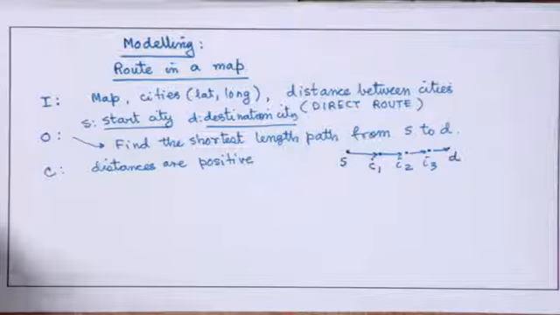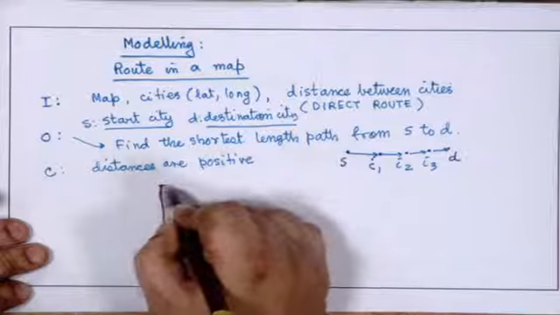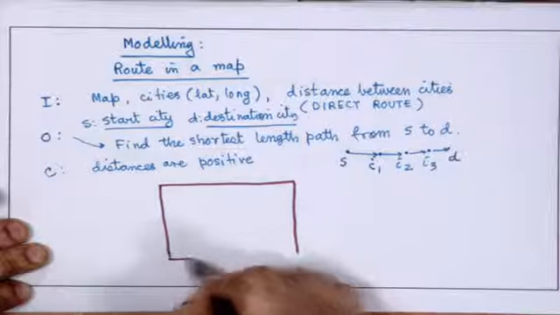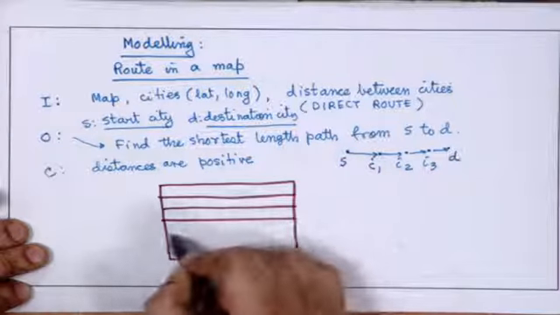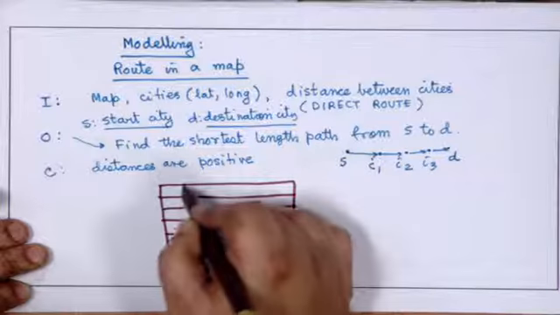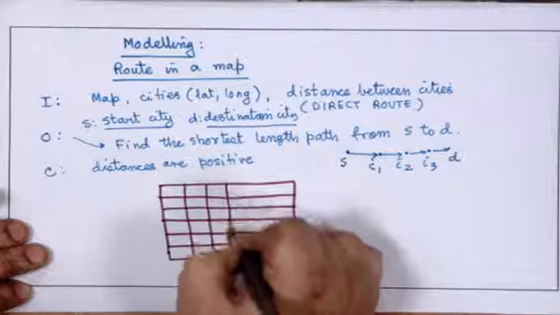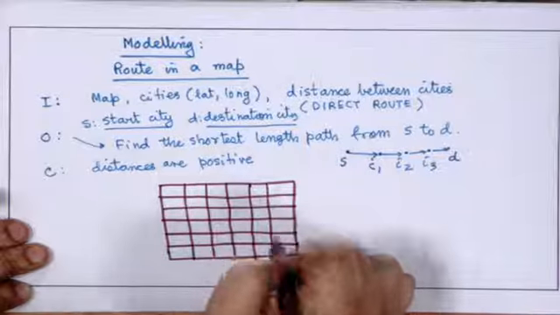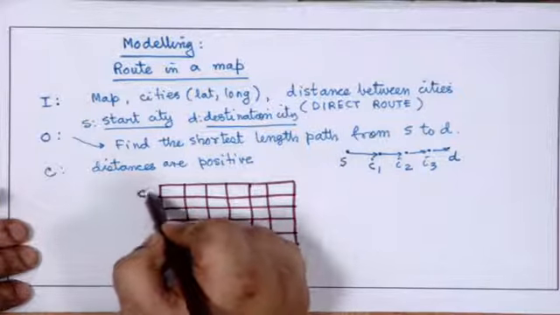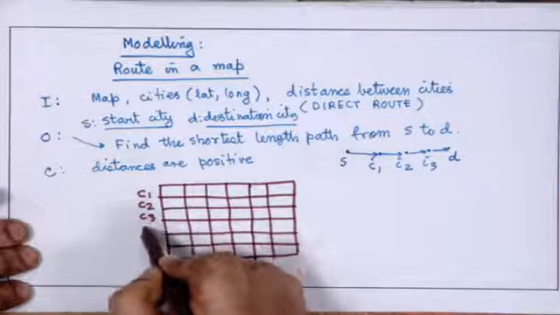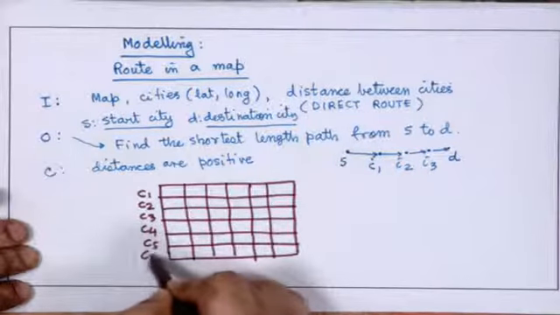How are we going to model this problem? The easiest way to model this problem is to form a matrix, a two-dimensional matrix. Suppose we have 6 cities C1, C2, C3, C4, C5, C6.